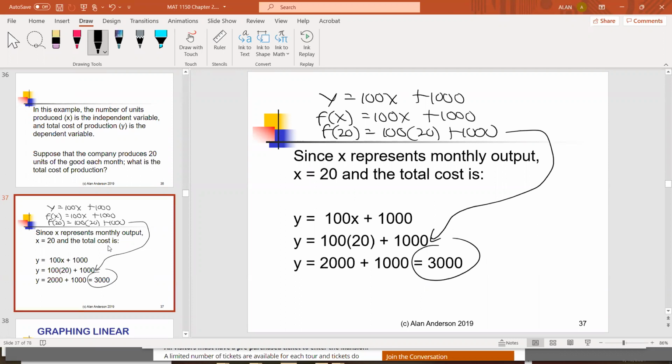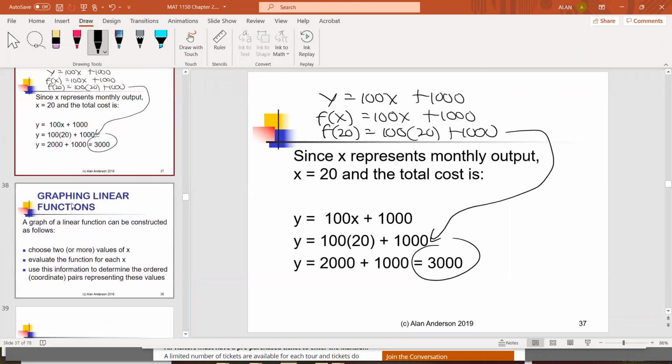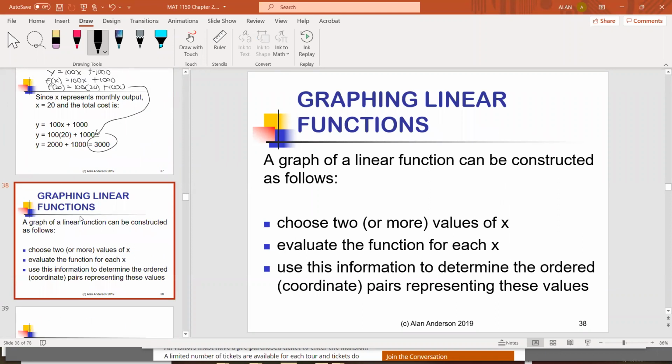There's a lot of examples we can find for linear equations because they're everywhere. That's one of the more common types of functions we'll see in the real world. Now, graphing. How do you graph these things? By hand, I mean. Let's say we don't have Symbolab. What you can do is this.